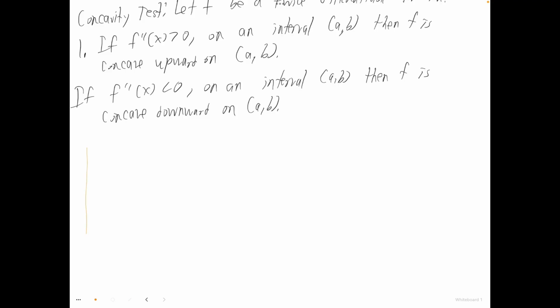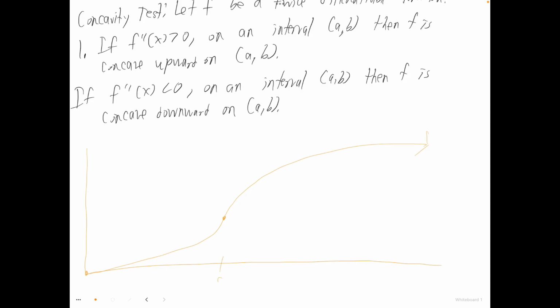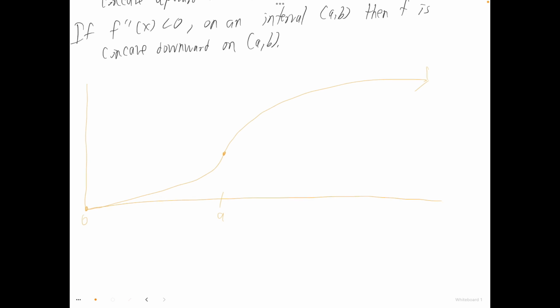So if we just look at a graph, to reiterate this point, if we have the following function, which I'm drawing kind of dramatically to make it clear what's happening. If this is our point a, and this is 0, then in this graph we are concave up, since we're shaped upward from 0 to a.